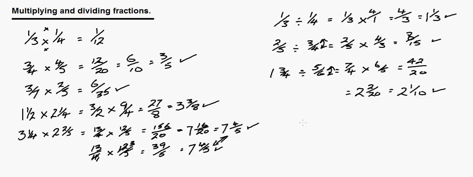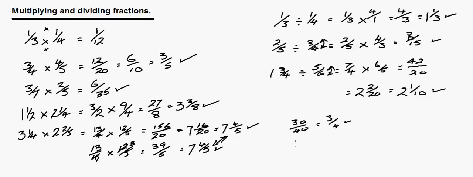If we've got, let's say, 30 over 40, the first number that comes into my mind to cancel is divide by 10 because they both end in 0. So 30 divided by 10 is 3 and 40 divided by 10 is 4. Bingo, job done.